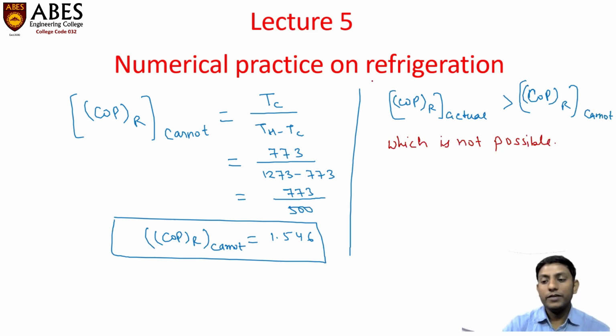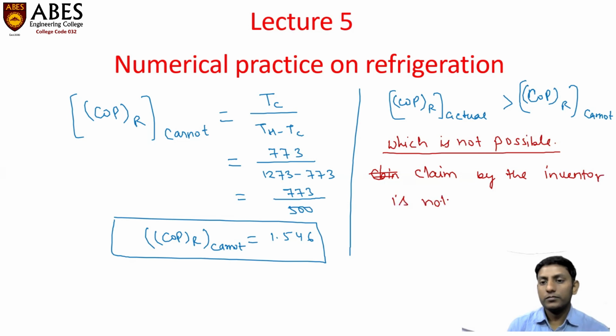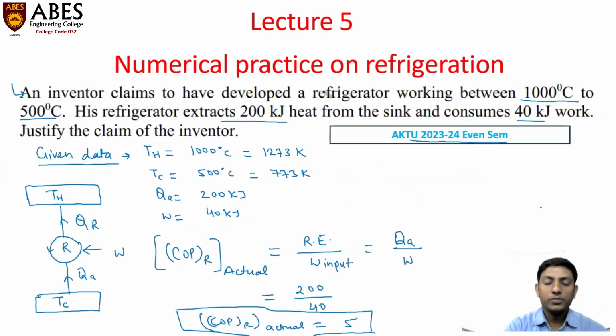And here the inventor claims that his COP is far better than Carnot's cycle. So we are going to say that it is not possible, or the claim by the inventor is not justified. Right? So in this way, such type of numericals can be solved.